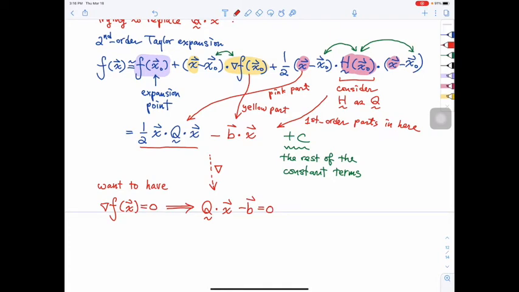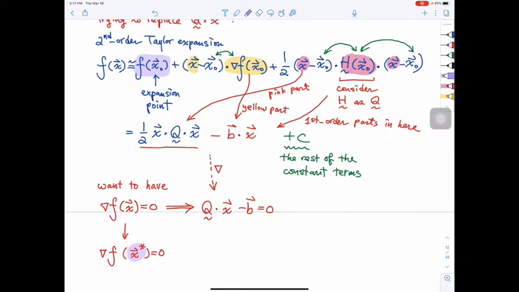And we believe when this satisfies, our optimal satisfies this equation. Okay, so this is what we believe. Our optimal point, if we plug in this equation, this gradient should be 0.